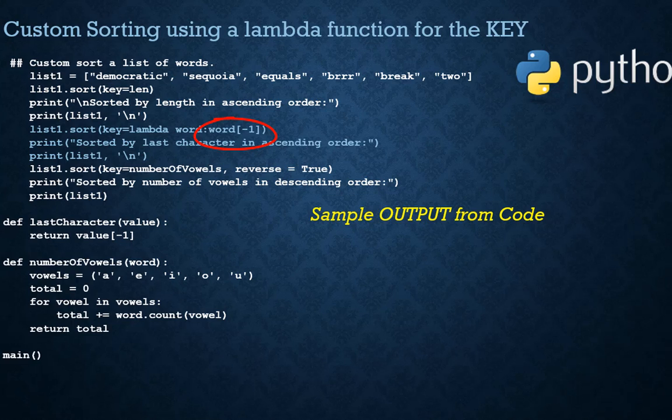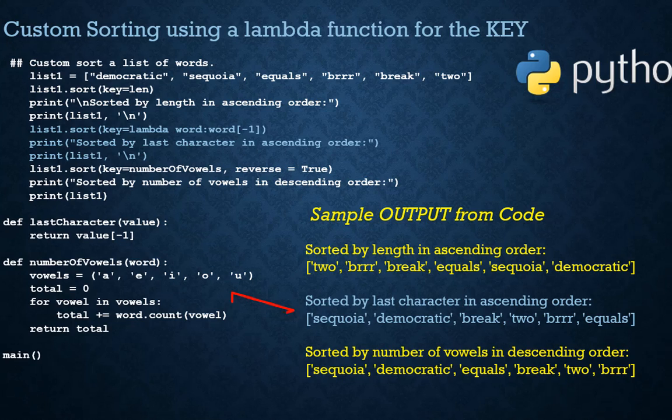As we saw in the previous slide, Sequoia should come first in this example, followed by Democratic. Let's run the code, and sure enough, we see using the lambda function, Sequoia, Democratic, break, to, burr, and equals.